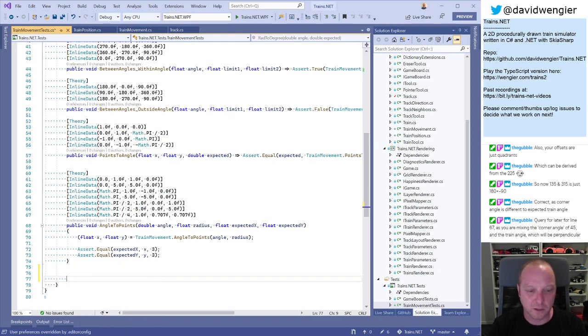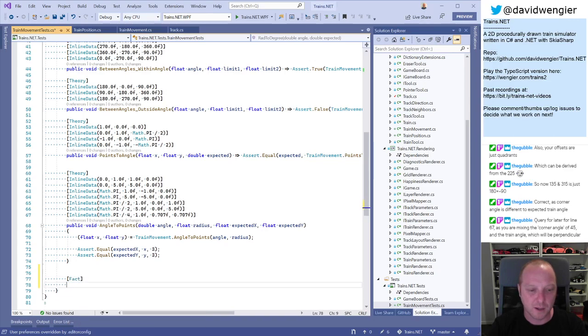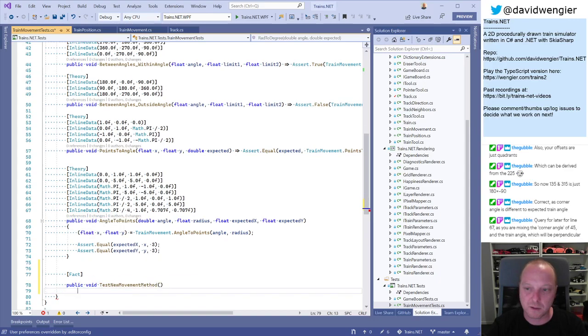Let's just quickly whip up a fact here. The query for 160 is moving of the quarter angle 45 and the train angle, which are perpendicular. Yeah, maybe.